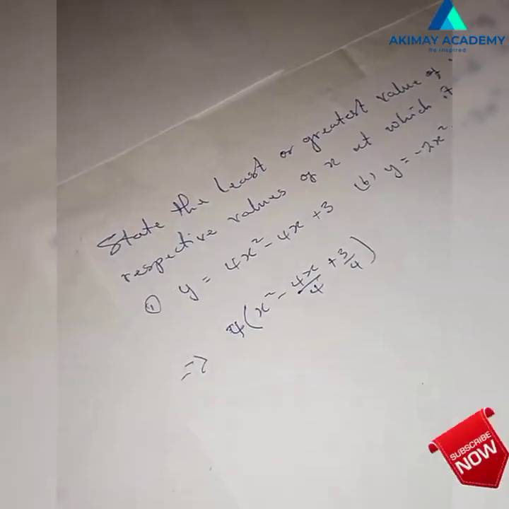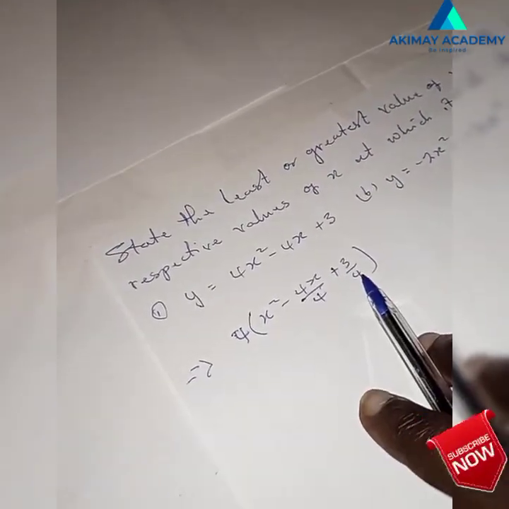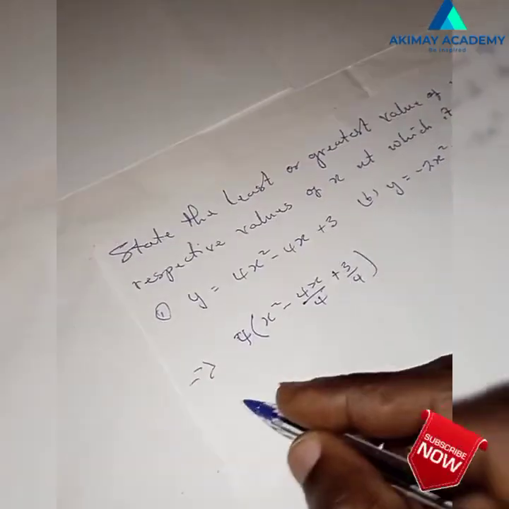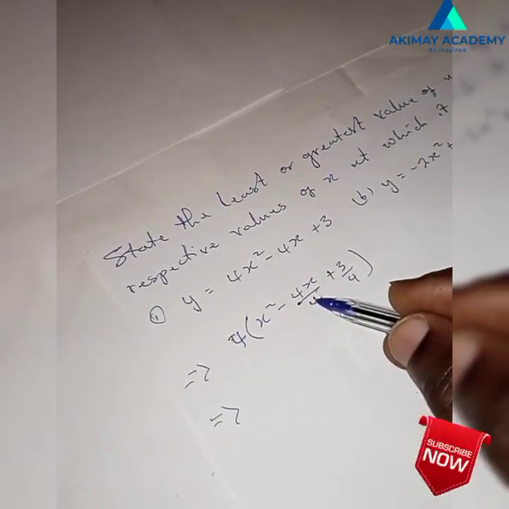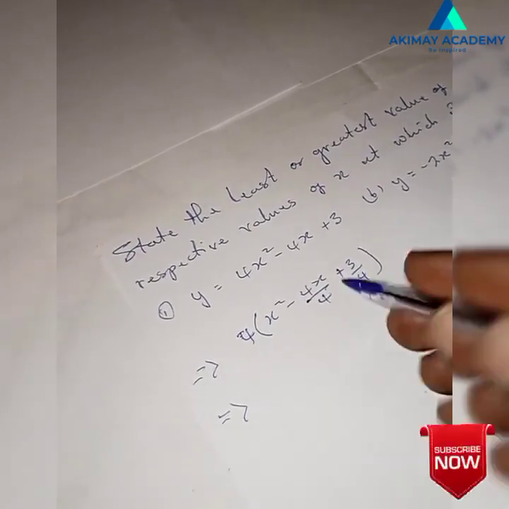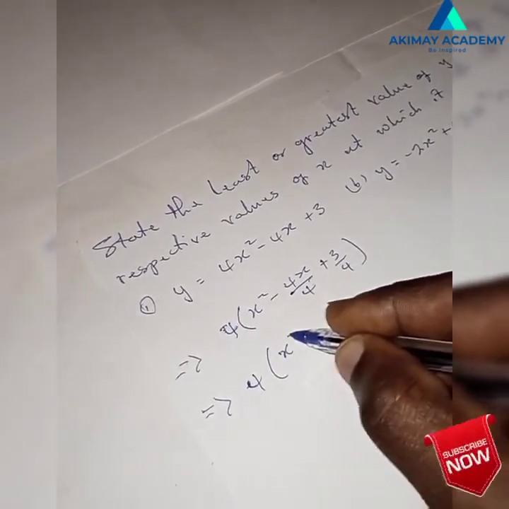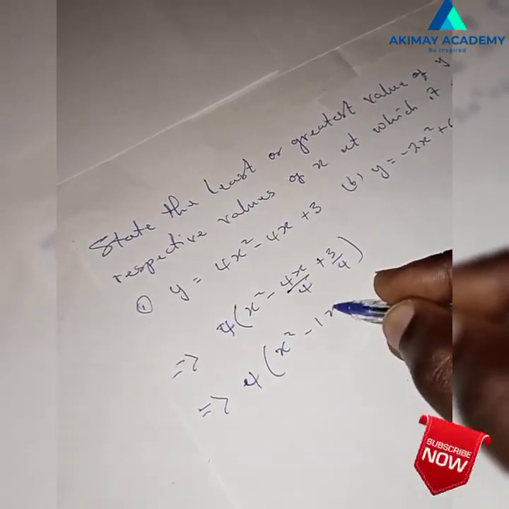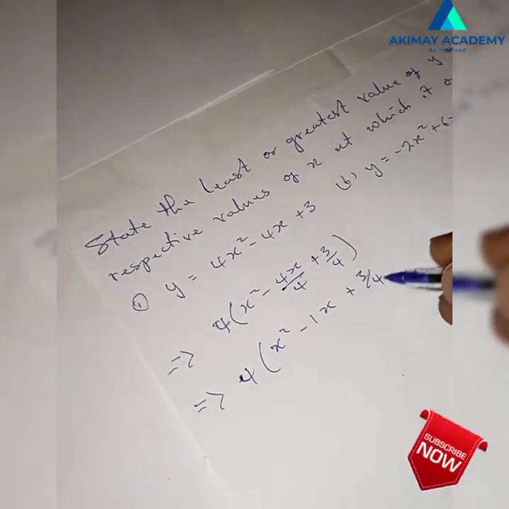When you push the 4 back in, it cancels this one off and cancels that one off. Next, we could see that 4 cancels 4 here and gives us a negative 1. So we have 4 times x squared minus 1x plus 3 out of 4.